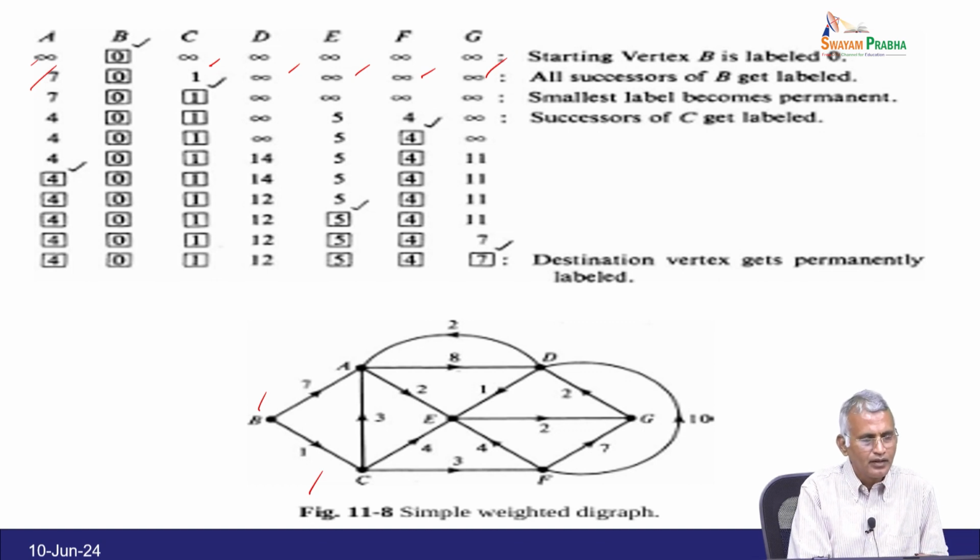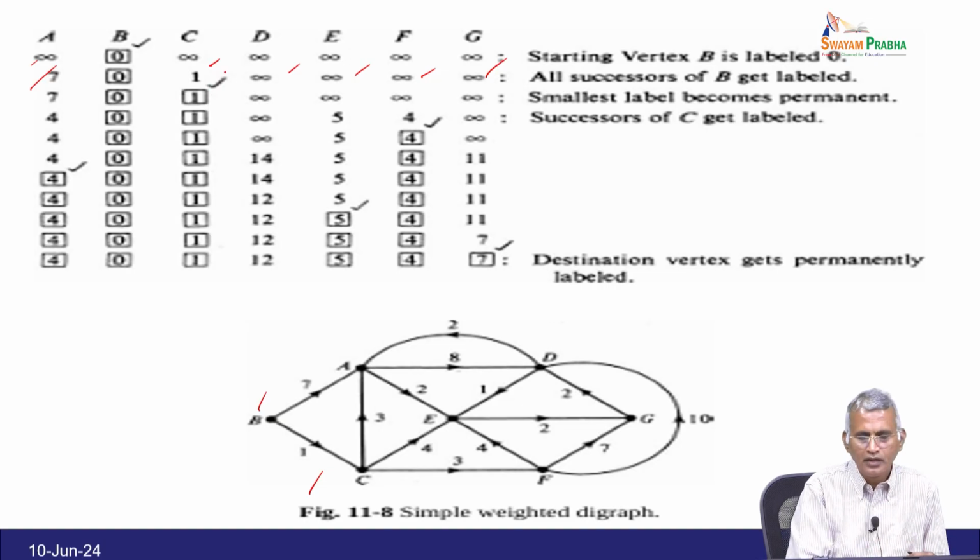Then you take the next one, A, and see which is the smallest in the second row. B to A is 7 and B to C is 1, and the rest are infinity. Comparing with the third row, which one is the next minimum?